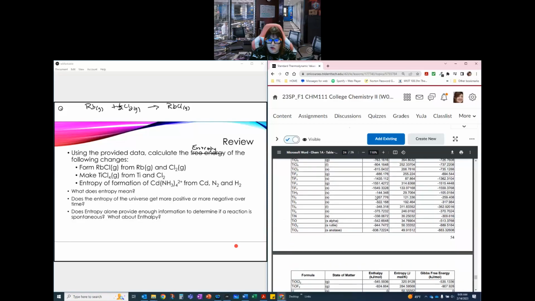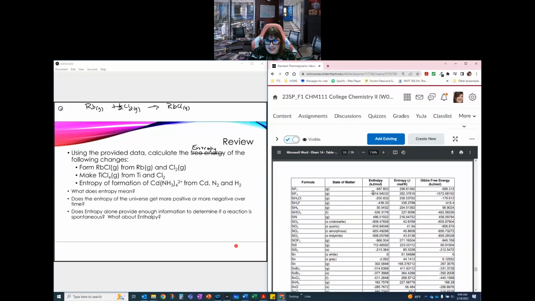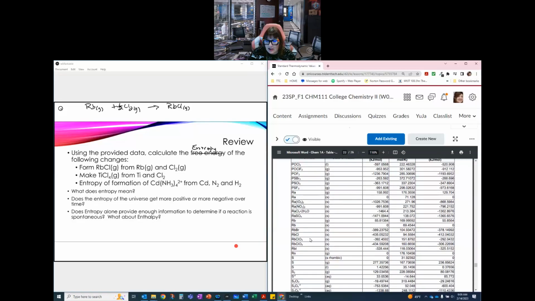Rb, Q, R. I know where R is in the alphabet. RbCl, and this is solid. I only have values for RbCl solid, so I'm going to change this.